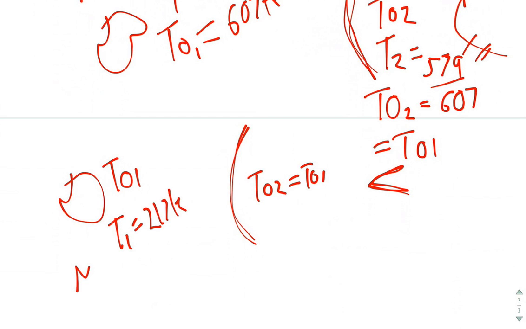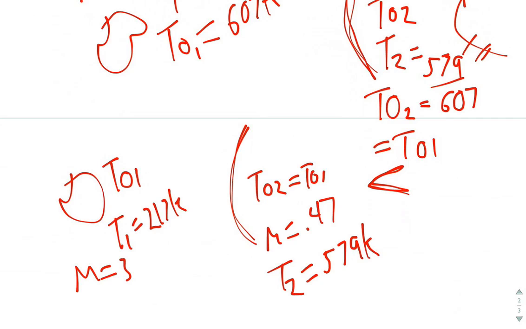It's moving Mach 3. Passes through the shock. Now it's moving Mach 0.47. The temperature of the gas is hotter. T2 was 579 Kelvin. It's hot gas.